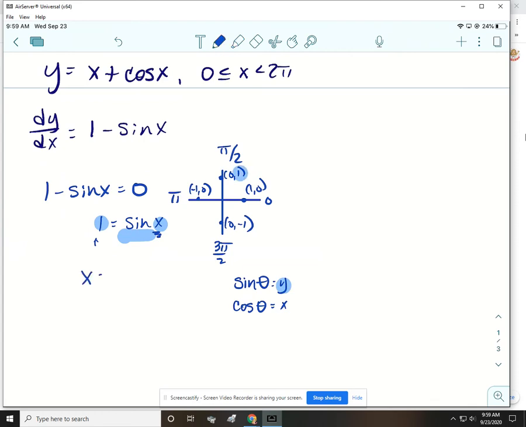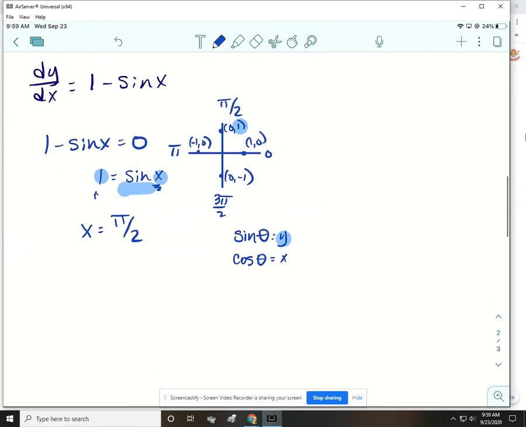And that's at the angle pi over 2. You also could go to the graph. Think about the graph of sine of x. So this is going by pi over 2 each time. All right, so this is 1, this is negative 1. We want to know when the sine is equal to 1. That's up here. That's when the sine is 1, and that's at the angle pi over 2. So either way, you need to know a way to solve that equation.